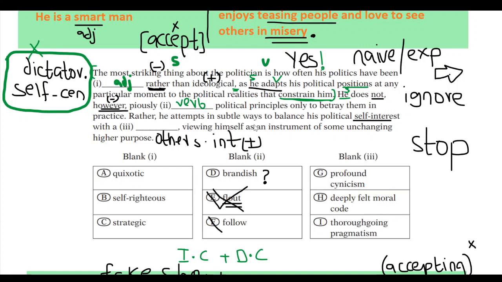Rather, he attempts in subtle ways to balance his political self-interest with, something to the effect of selflessness, or probably some other positive ideas, which works pretty well. Rather he attempts in subtle ways to balance his political self-interest with selflessness, viewing himself as an instrument of some unchanging higher purpose. So if you come back here, he is not doing something, but what is he doing?